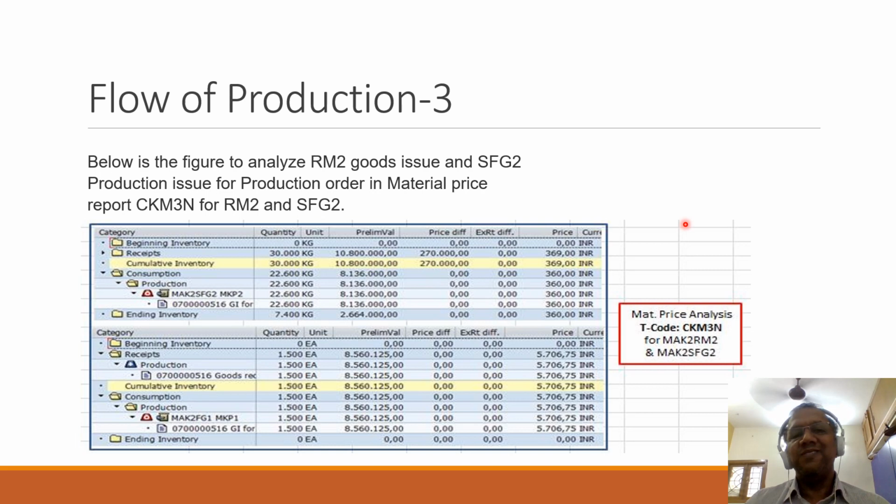Flow of production. Below is raw material 2, because we are adding raw material 1 and raw material 2. Raw material 2 is the production order issue. See, the product we already told about, 2,70,000 is the accumulated inventory price difference.